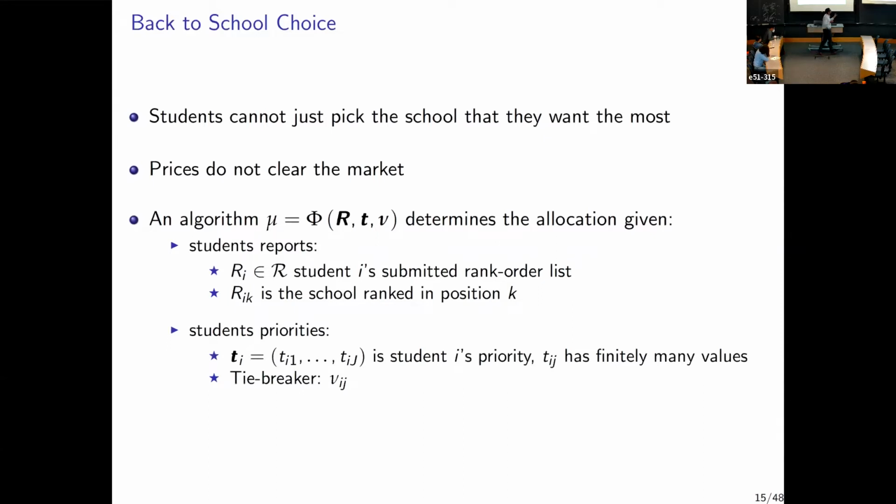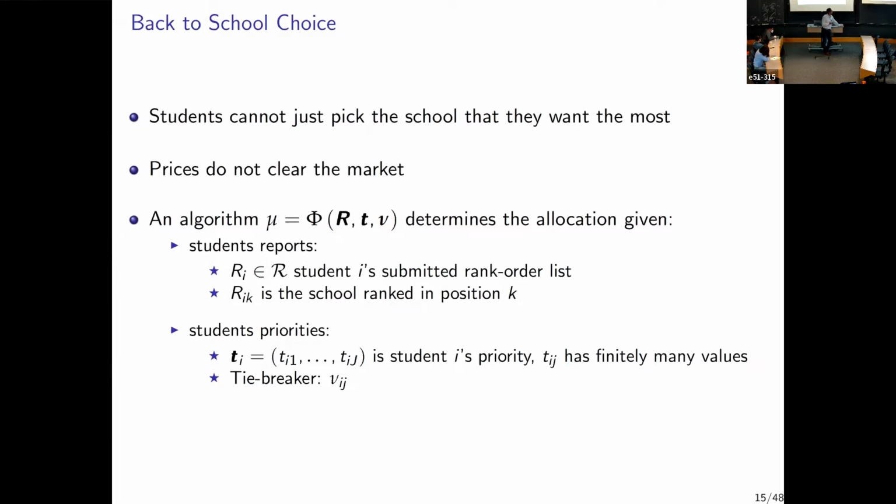Okay, and here's some notation. I use capital letters to denote basically a collection of vectors. So R is a collection of vectors. Each vector Ri tells basically the report of each student, that is, okay, I rank school A first, school B second, school C third. Ti is going to be, again, a vector that tells you what is the priority that each individual has in each of the schools.